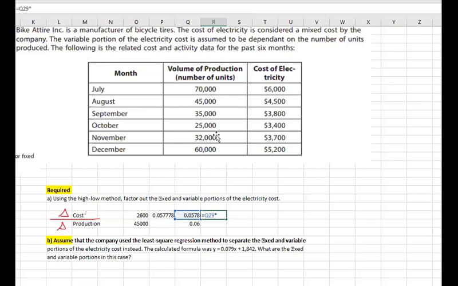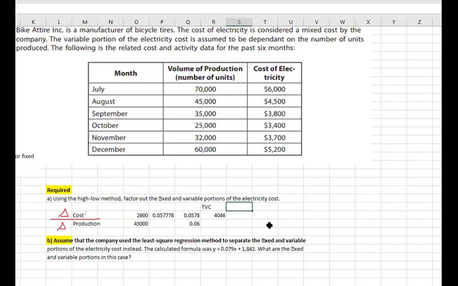When I have 70,000 units, multiplied by the per unit variable cost, that gives me 4,046. That is the total variable cost.